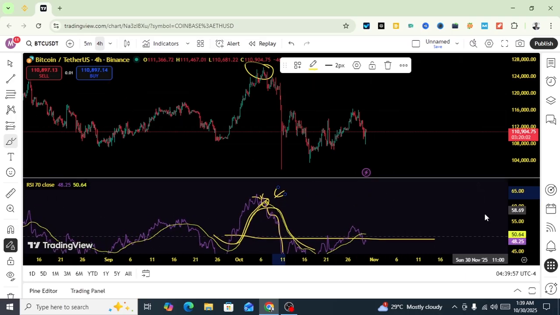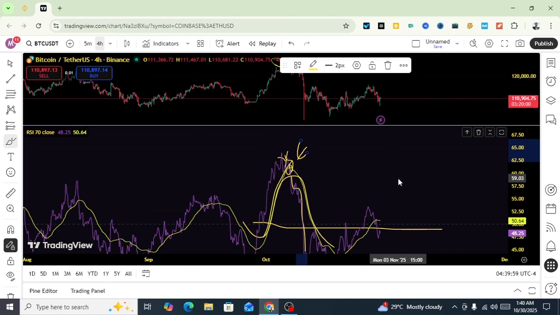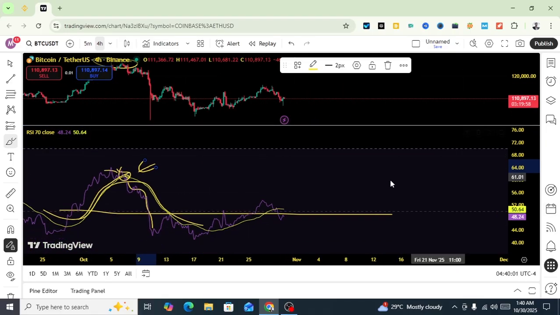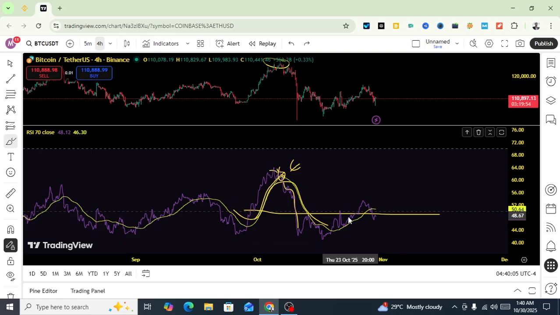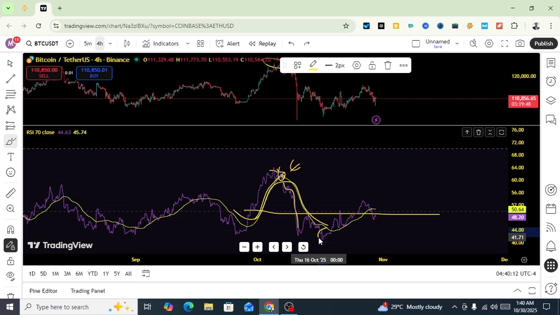If we analyze this position, here the market is going to a downtrend, and this is the average position.